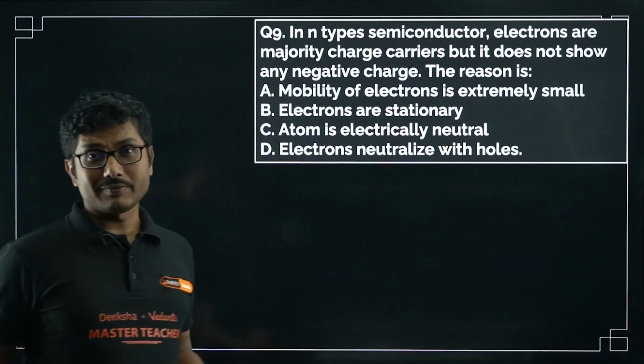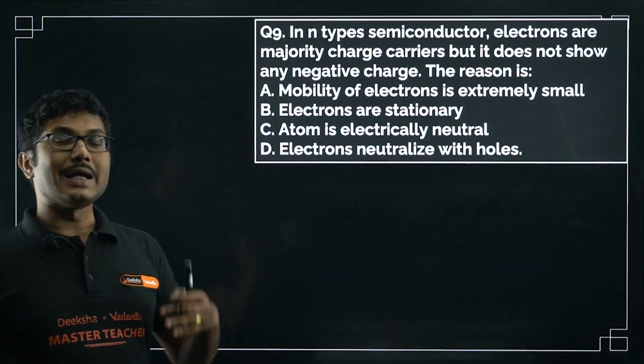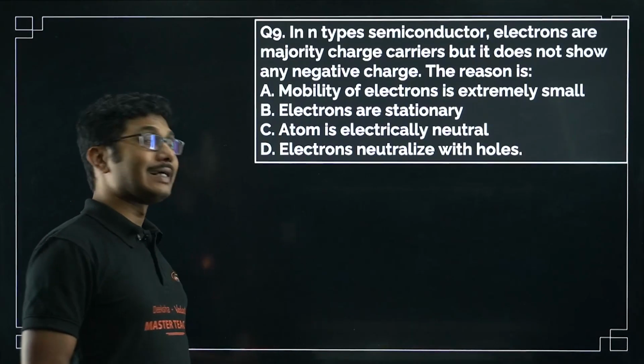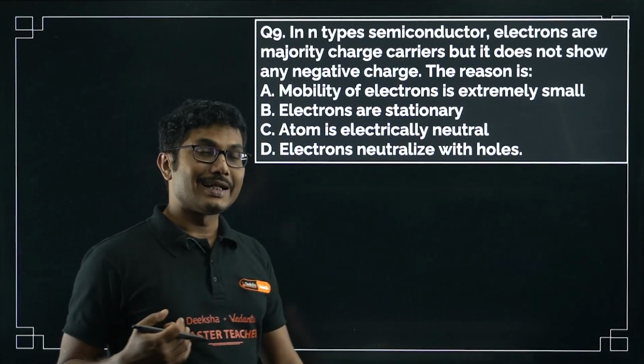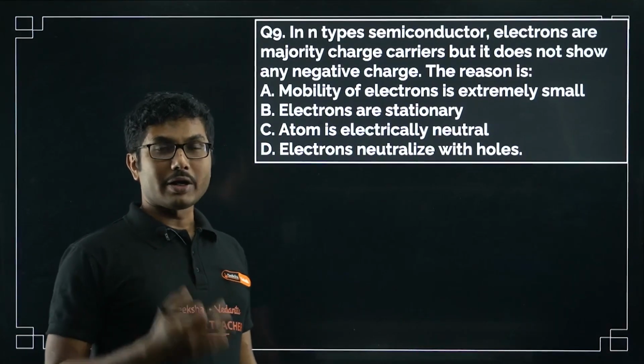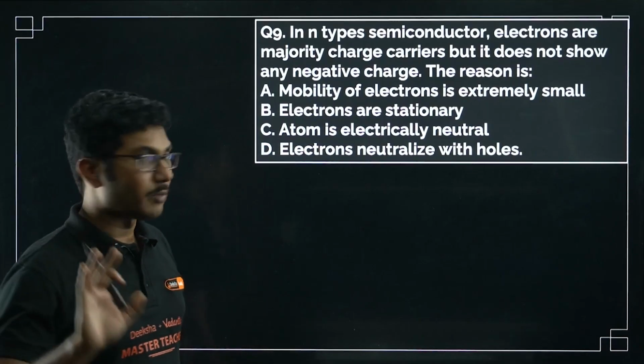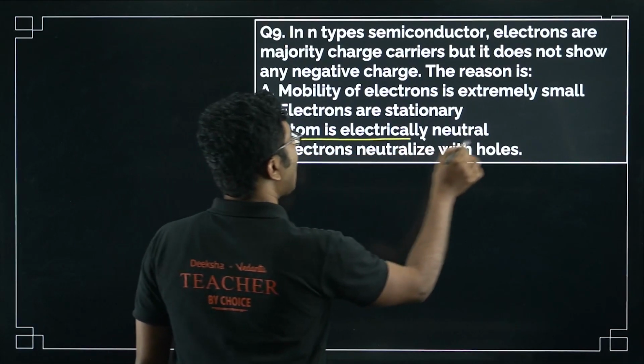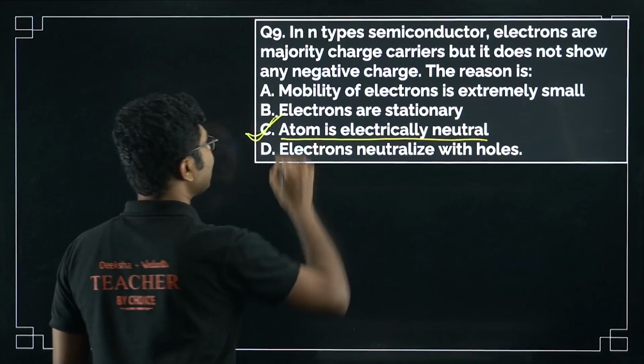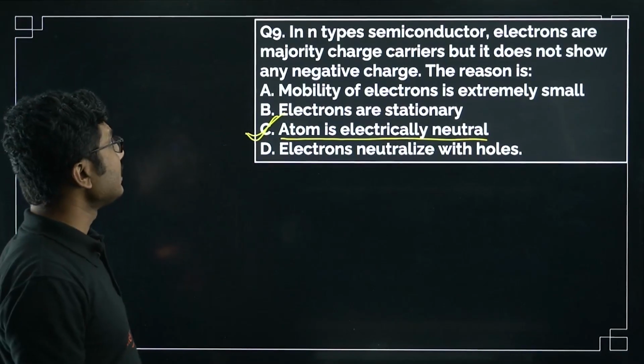Both are in atomic form, and atoms normally are electrically neutral unless you are considering ions. They are not ions, they are normal atoms, so these atoms are electrically neutral. So option C is the correct answer for this question.